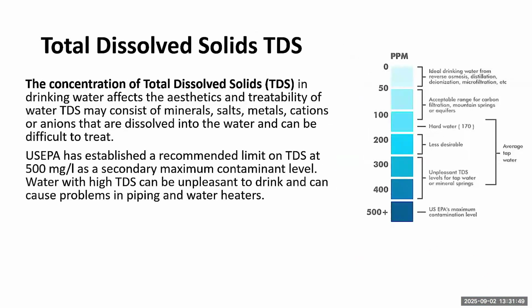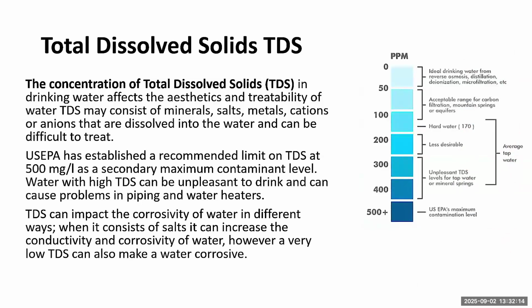So this chart shows what effects can happen at different quantities or concentrations of total dissolved solids, TDS. There's quite a range there, and typically the way things work, we want to be somewhere in the middle.